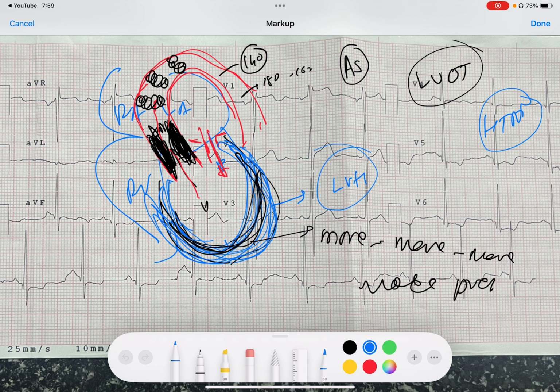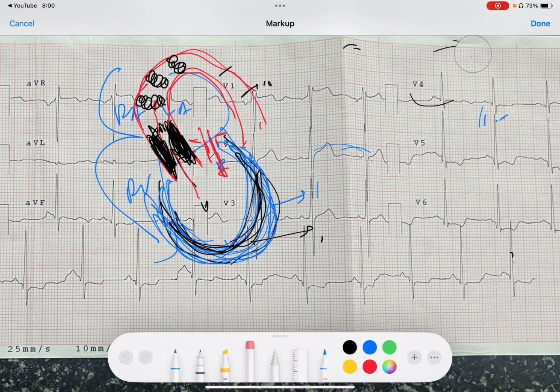So this ECG is very typical. This patient actually had severe aortic stenosis with LVH with strain. The second most common reason is hypertension, which is poorly controlled, and the other causes are where more blood flow is coming in.